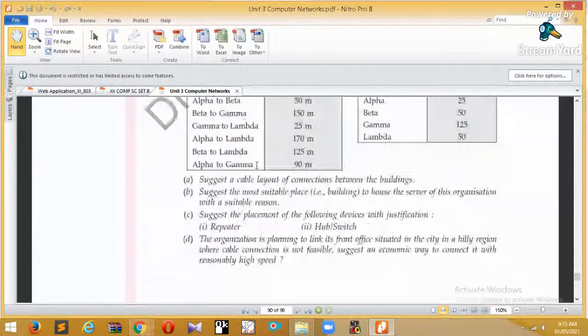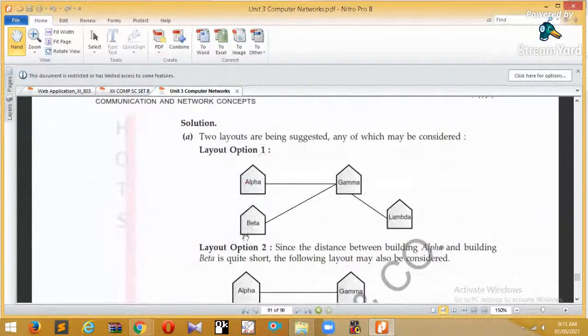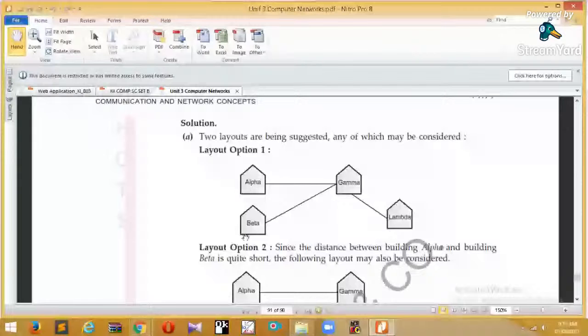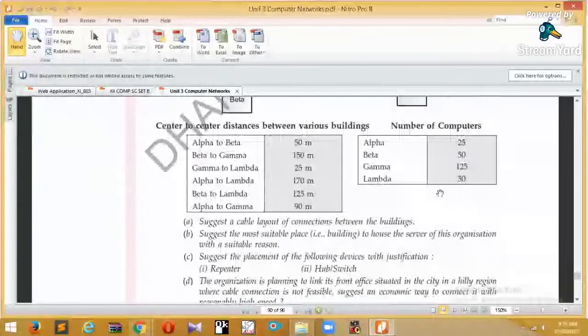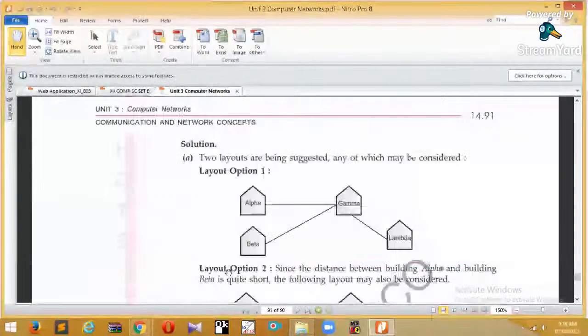For that purpose, as I told, you have to look at the first point, where the number of computers is quite more, because the server will be placed there, and from the server other buildings will be connected. On that basis we can say gamma can be the server, and from gamma, alpha, beta, and lambda, these three buildings, can be connected.